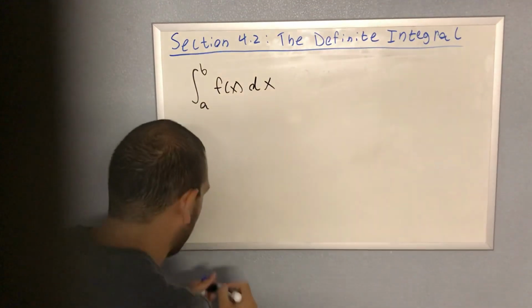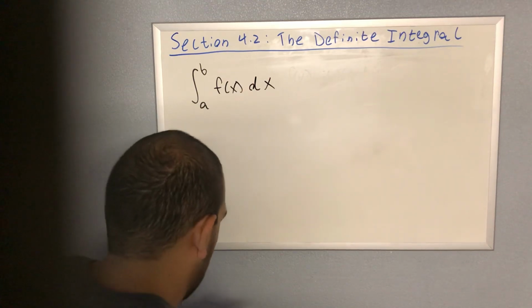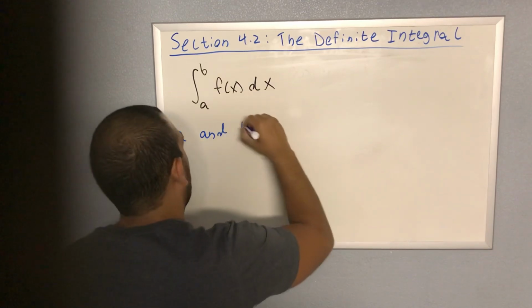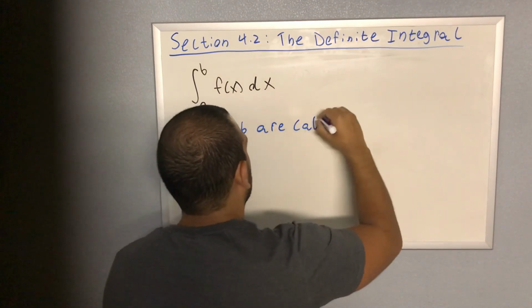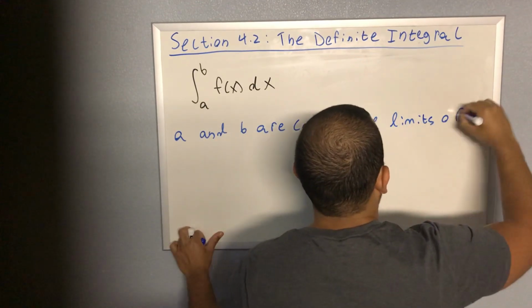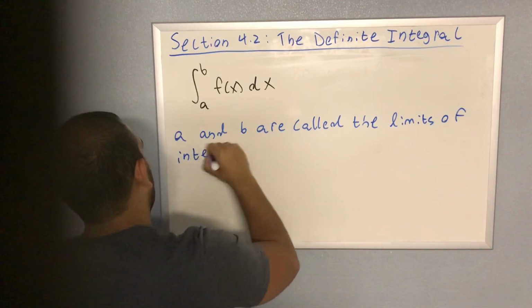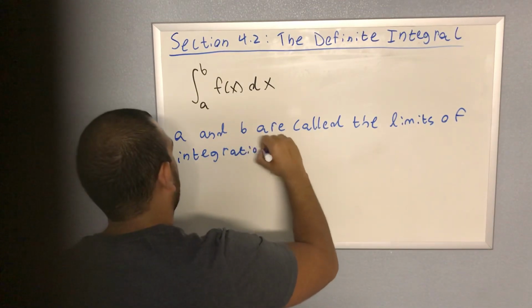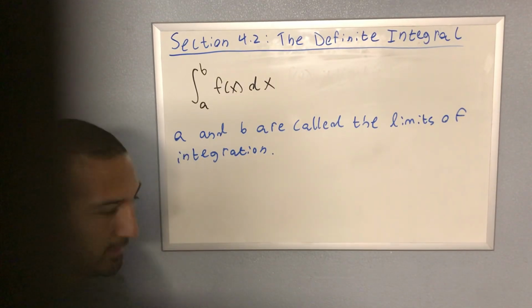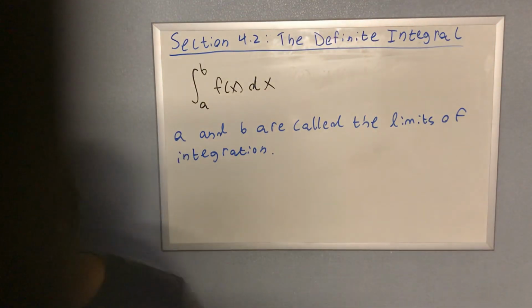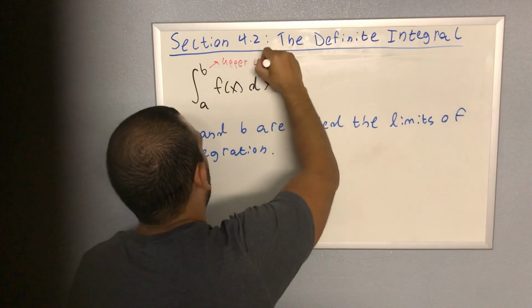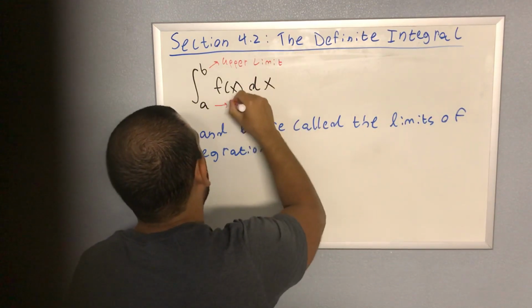This has some value. a and b are called the limits of integration. b is called the upper limit, and a is called the lower limit.